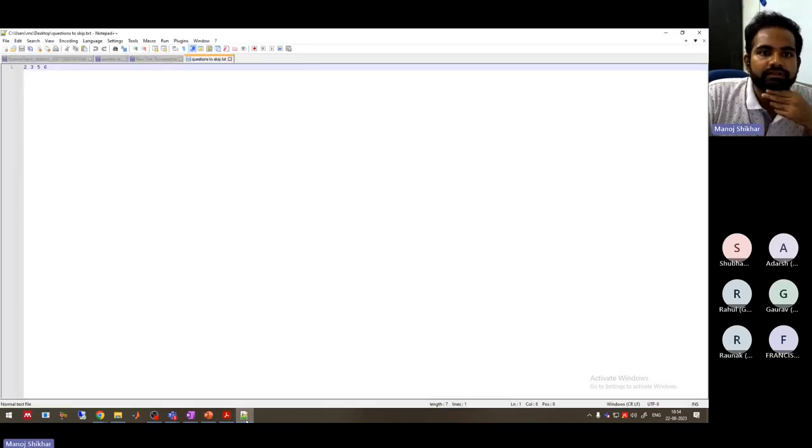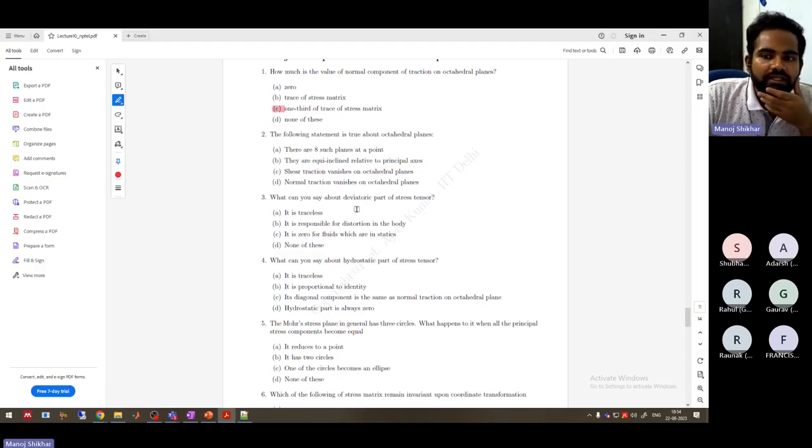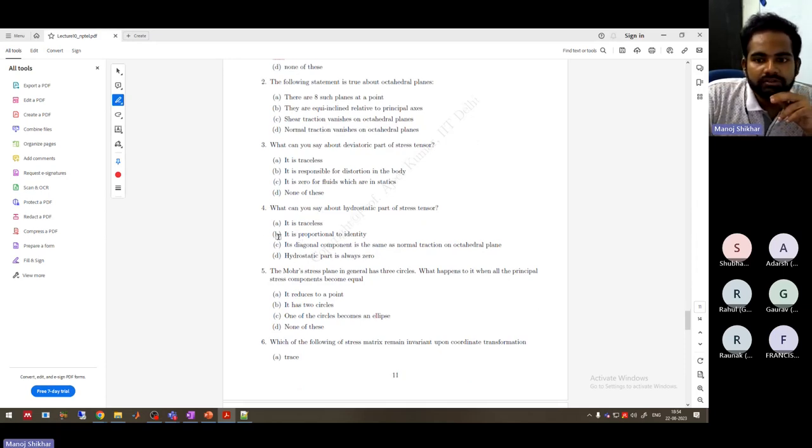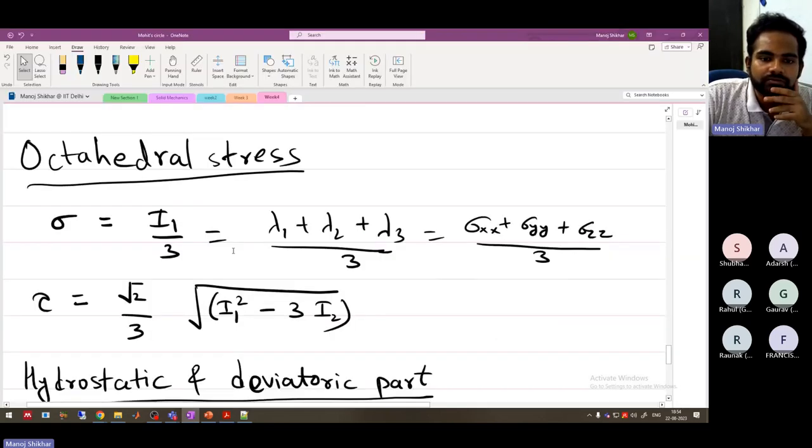What can you say about the hydrostatic part of a stress tensor? It is proportional to identity, of course. Its diagonal term is the same as the traction on the octahedral plane, of course, I1 by 3. I have already shown you.